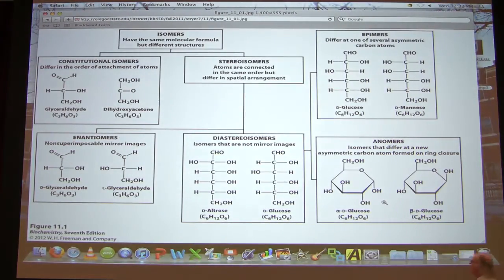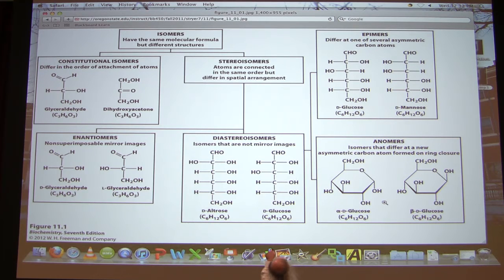Now, two other terms. Stereoisomers include enantiomers, and they include diastereomers. Diastereomers include epimers, and epimers are two sugars that have the same kind. They're both, in this case, aldoses. They have the same number of carbons.